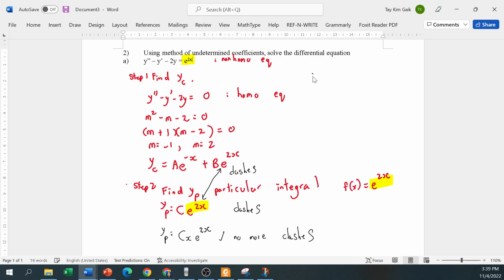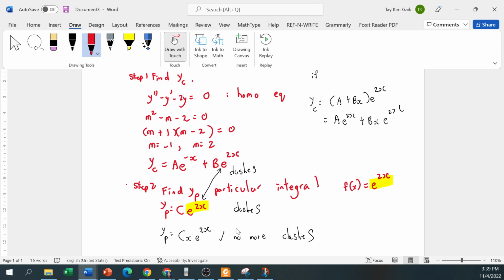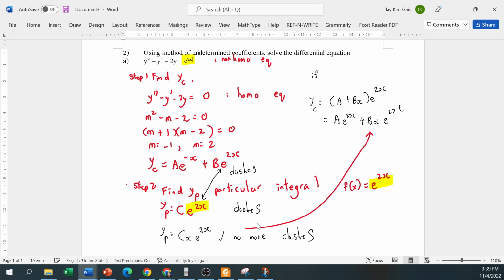Let's say your yC has the same root, let's say your yC is a plus bx, times e to the power 2x. So you have a e to the power 2x plus bx e to the power 2x.